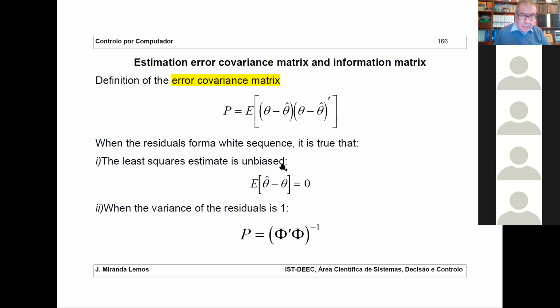So they have a lot of advantages, and if you use it properly, you can avoid this problem of having non-zero error.